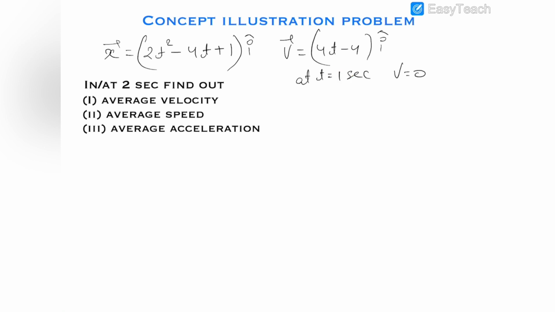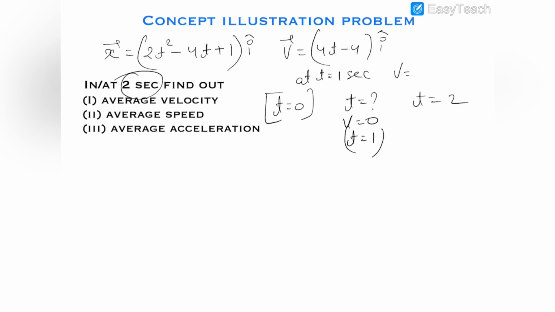Now listen to my words carefully: you should always trace the particle at 3 instants. The first instant is always t equal to 0. The second instant is the time when velocity is equal to 0, which is t equal to 1 second in this case. And the third instant is the time given in the question, which is 2 seconds.